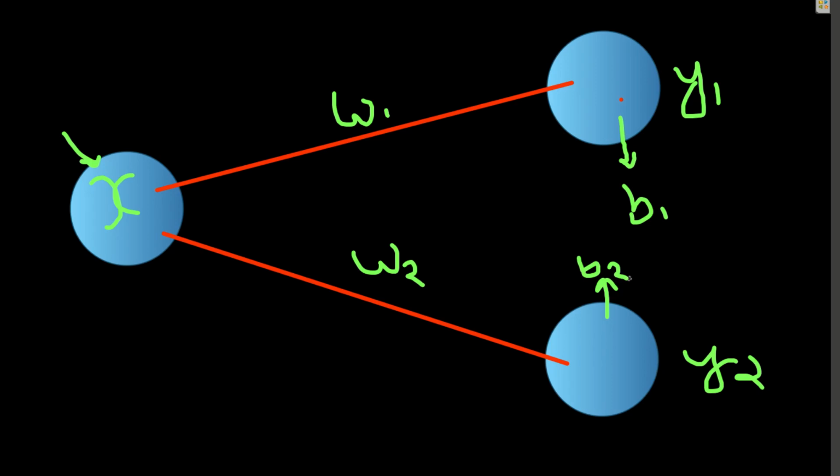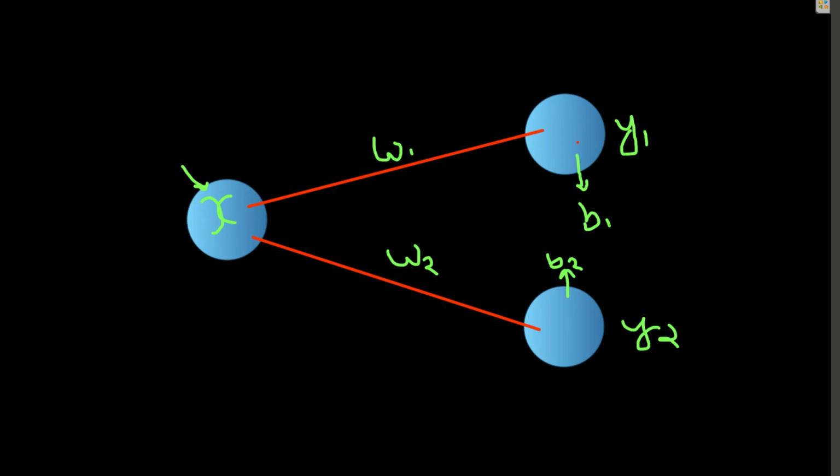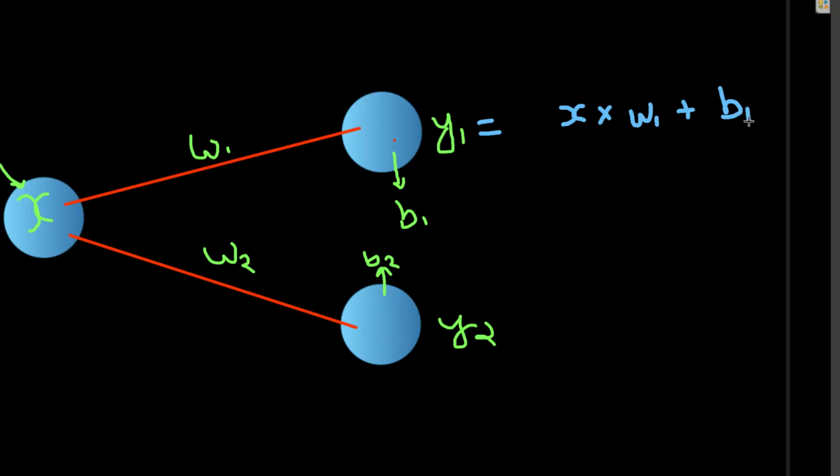Now, y1 should equal x times w1 plus b1, which is input times weight plus bias. I told you in part 1 that this whole value is going to be passed through the activation function, and that is what we are going to talk about today.